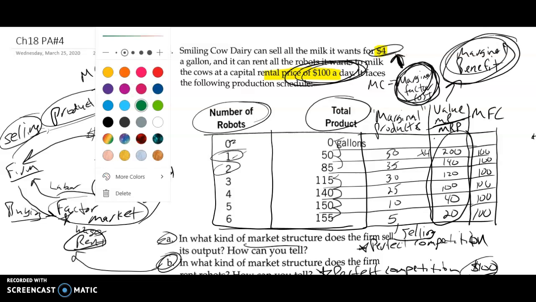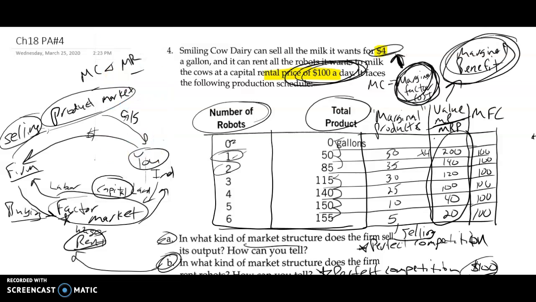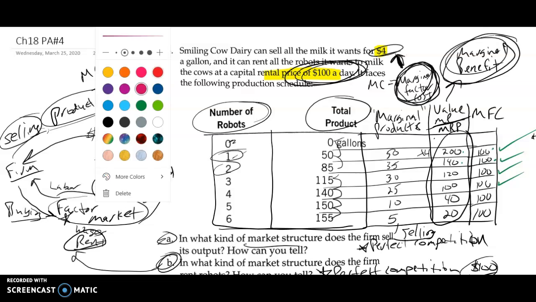So this first one, it costs me $100 to rent it, and I get $200 from that one, so that one is worth it. It costs me $100 to rent it. I get $140 for that one. It's worth it. It's worth it, still worth it, and we know that the next one obviously is not worth it.